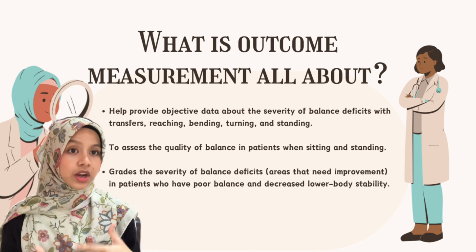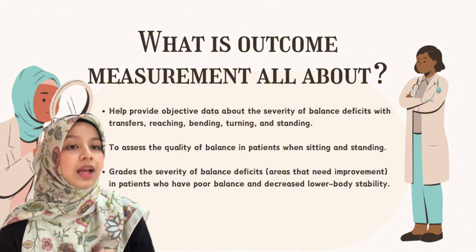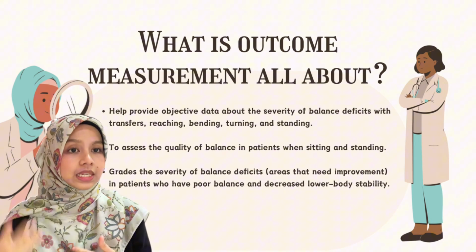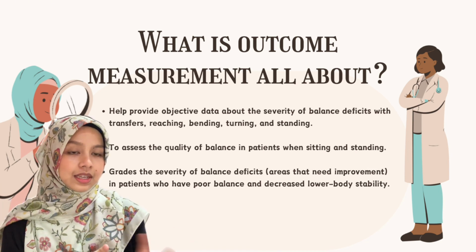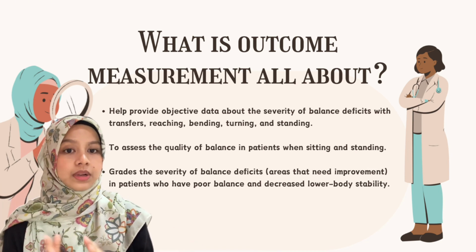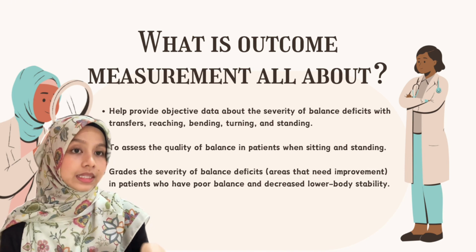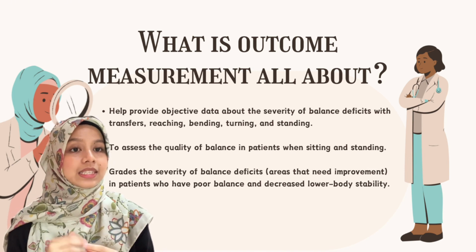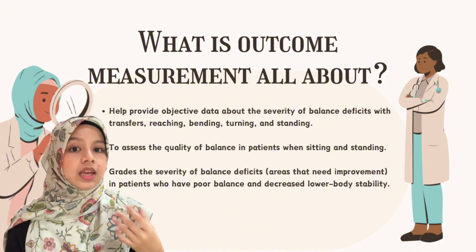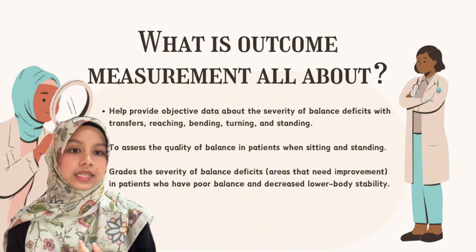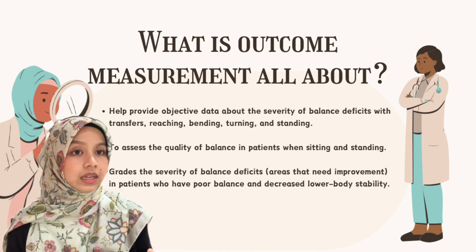So physical therapists and physiotherapists can help them to improve their balance from the data that they took from the test. And next is to assess the quality of balance in patients when sitting and standing, and grade the severity of balance deficits, areas that need improvement in patients who have poor balance, and decreased lower body stability.